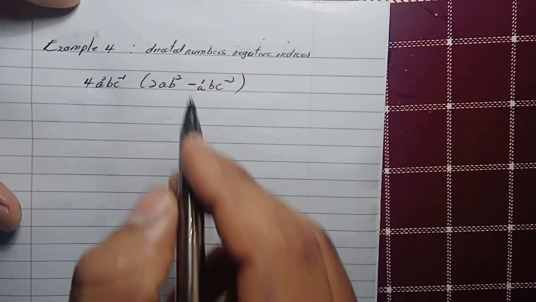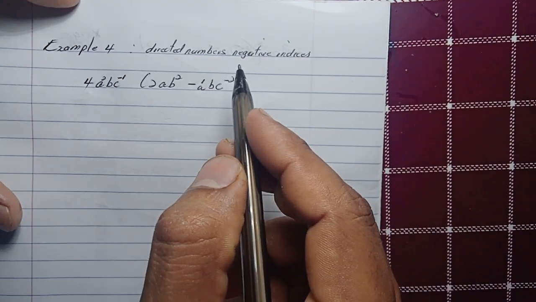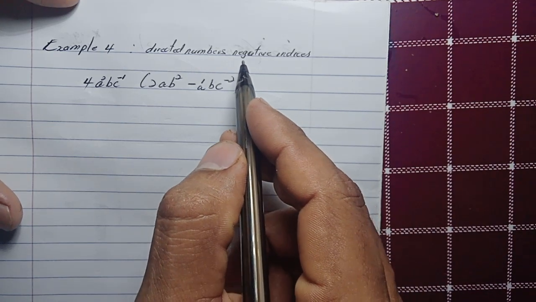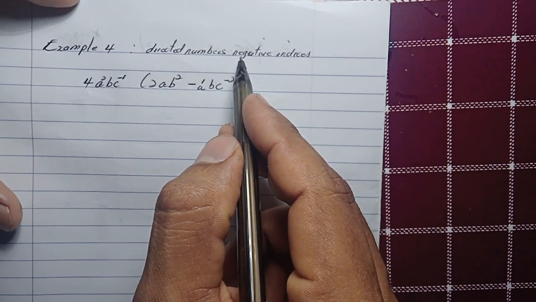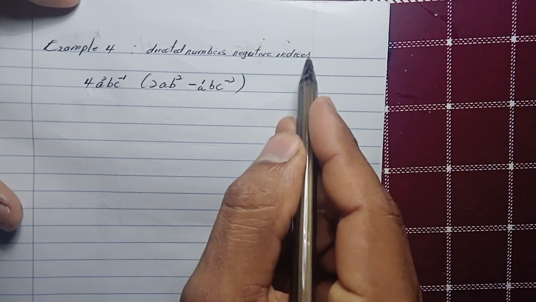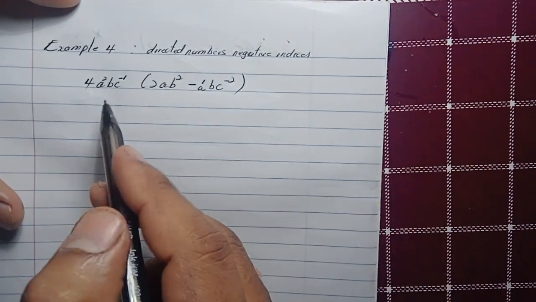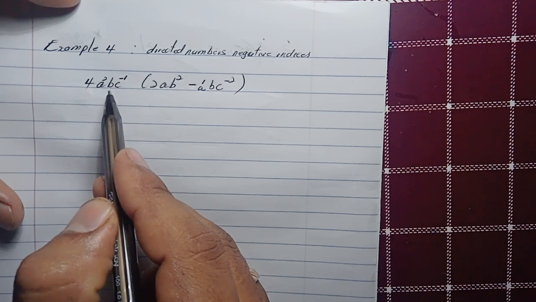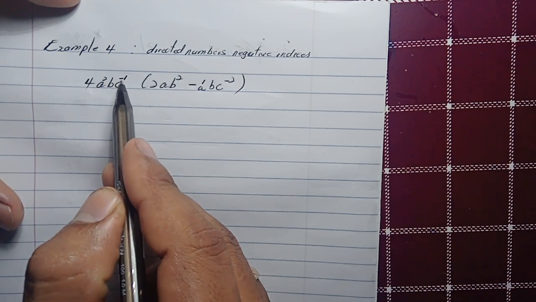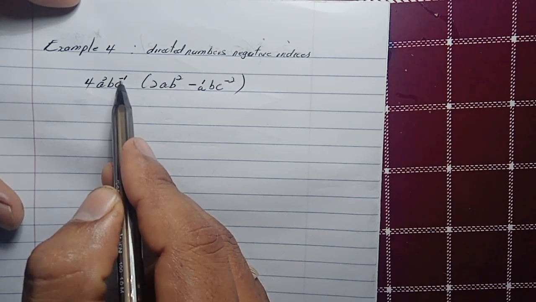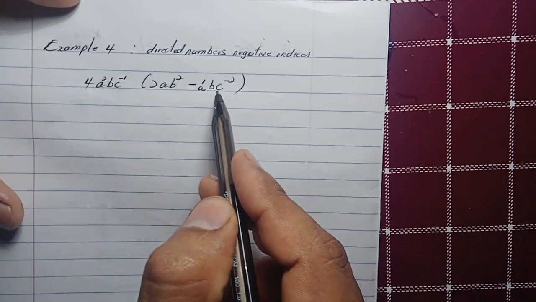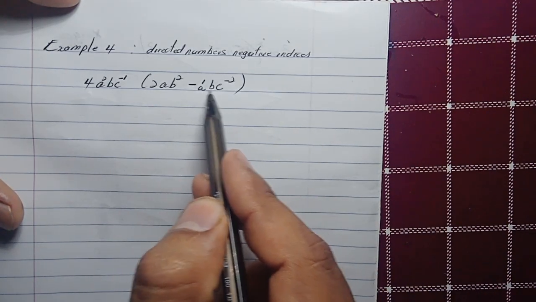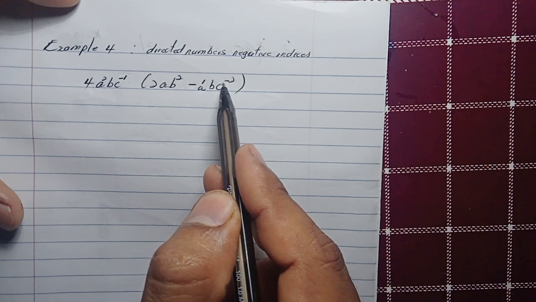Example 4. Example 4 is a bit more advanced, because this time we're dealing with negative indices. If you notice in our terms here, the term outside of the bracket, c negative 1, or you can say c inverse, and also the second term inside of our brackets, we have a negative 2.